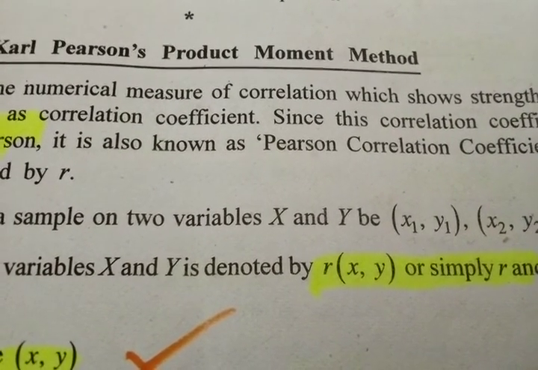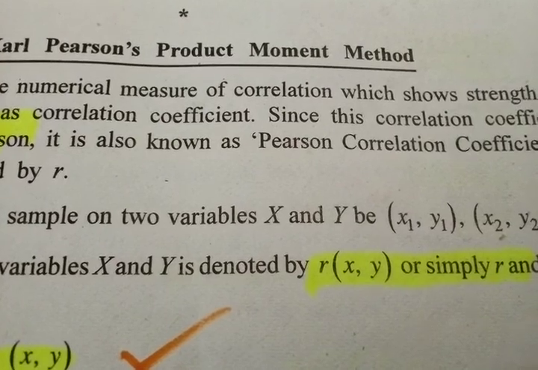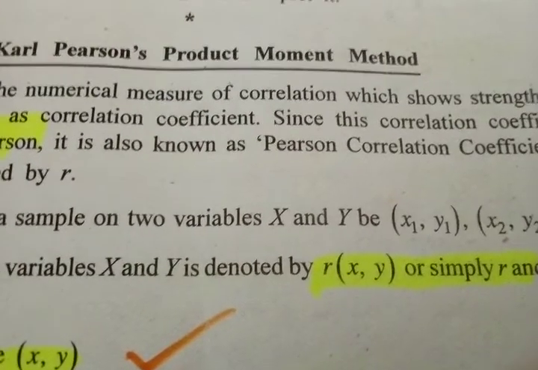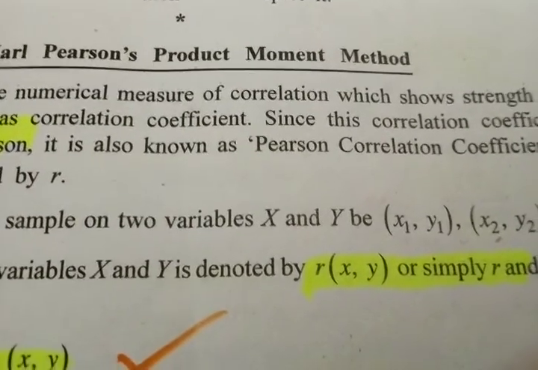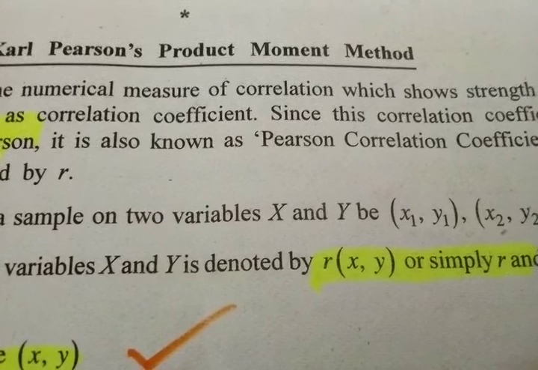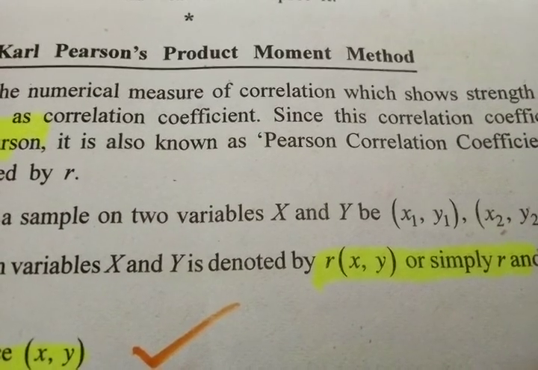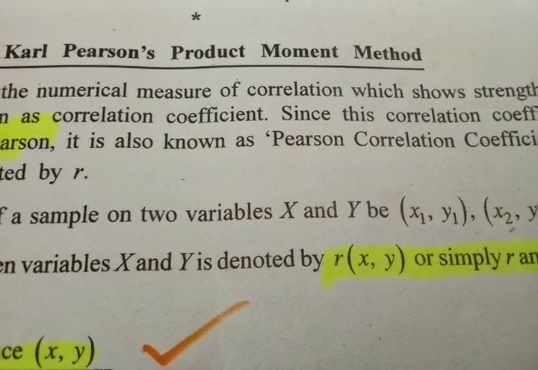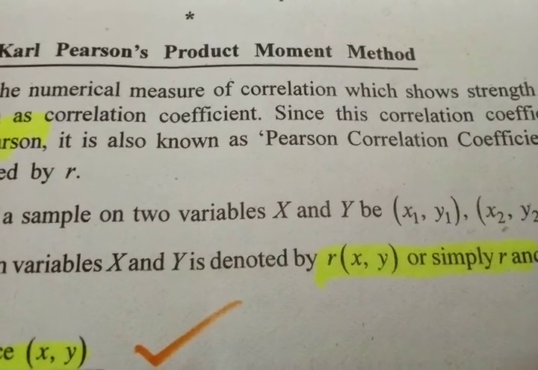And of course, these two variables should be correlated, and we are talking about linear correlation as well. It was Karl Pearson, the statistician, who first defined correlation coefficient, and therefore the name Pearsonian correlation coefficient.